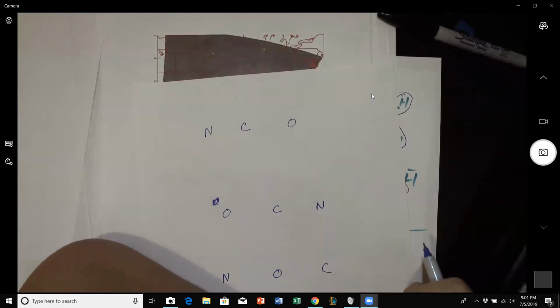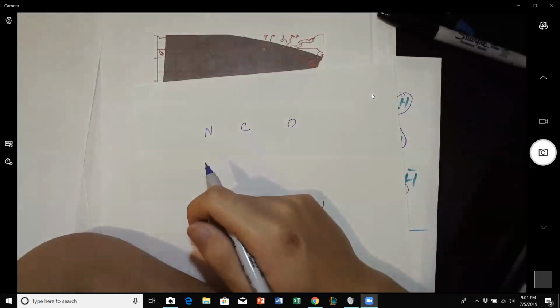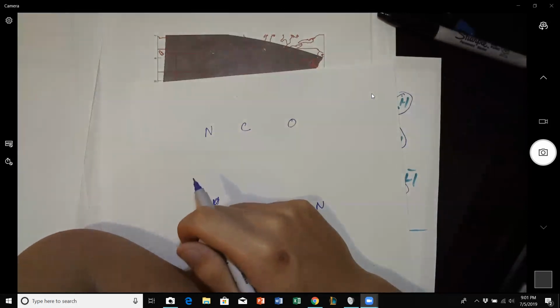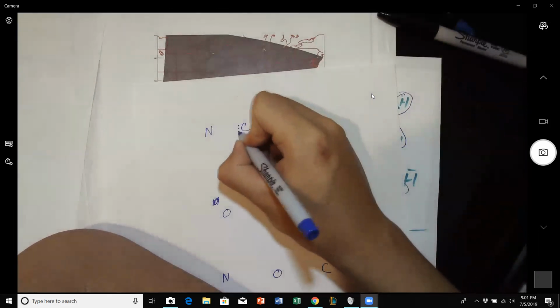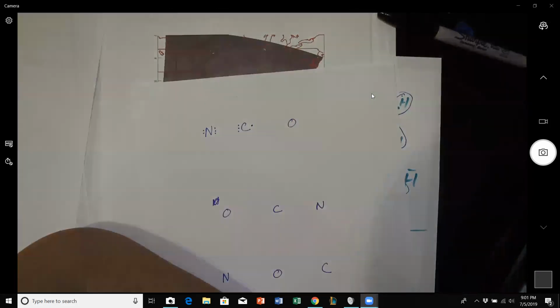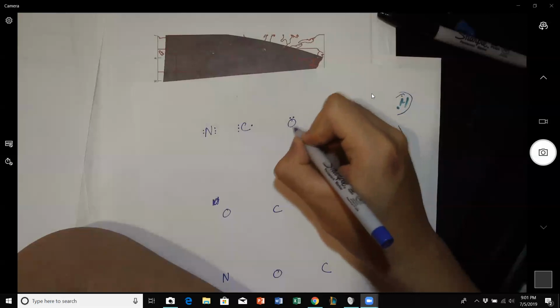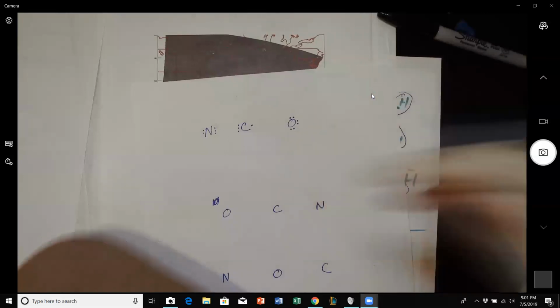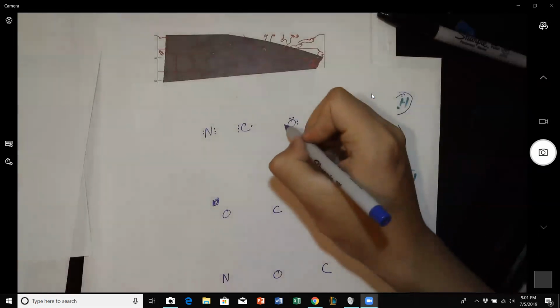Let's just go through them one by one. So first of all, these are all minus charged, so we know that. Let's just start by drawing our atoms in. Okay, so 1, 2. So we have a minus charge, so we need to add 1 electron. So for now, let's just put it on oxygen.